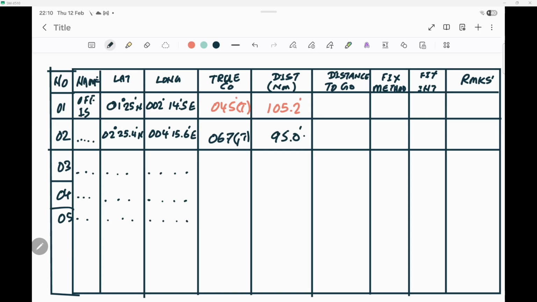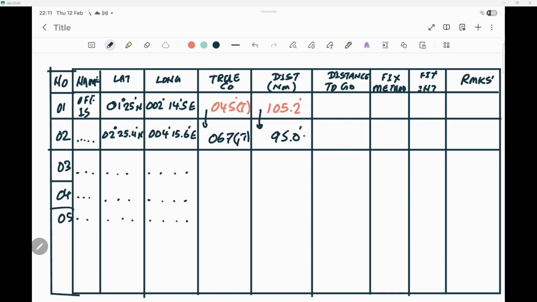Now, how to calculate this? When you are calculating the true course, waypoint 1 to waypoint 2 is 045 degrees. Waypoint 1 to waypoint 2 is 105.2 nautical miles.